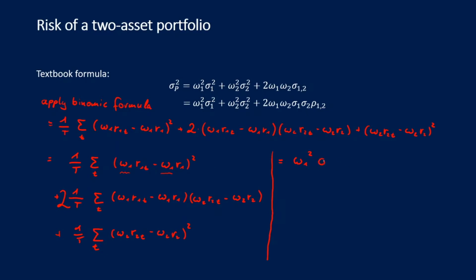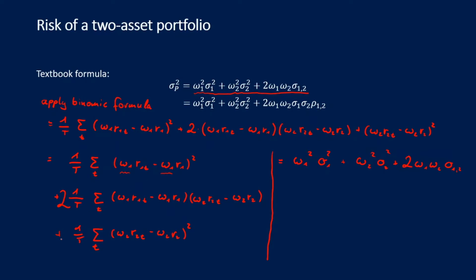So it's simply sigma 1 squared plus, I just take the last part first, so W2 squared sigma 2 squared plus 2 times weight 1, weight 2, and the covariance. And that's exactly the same formula that we have here.